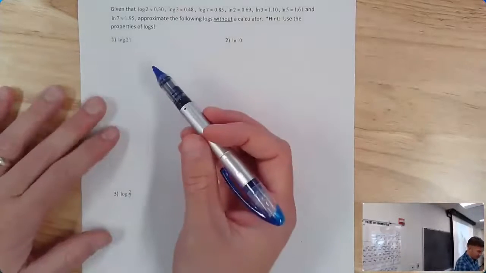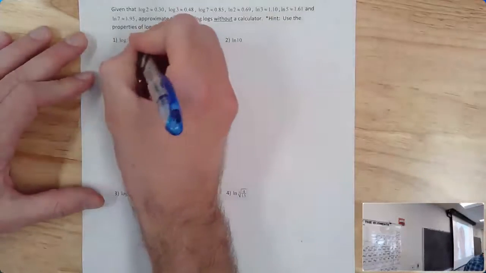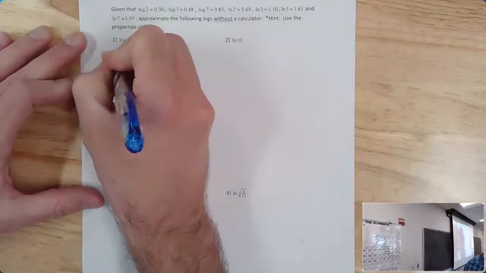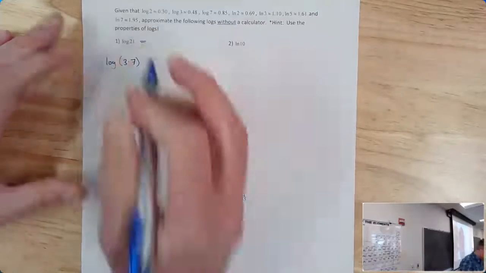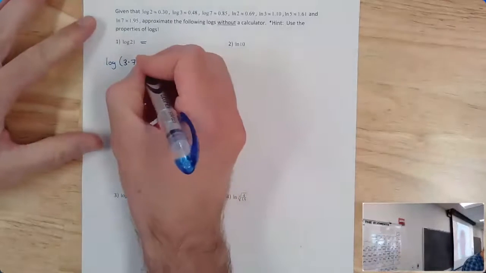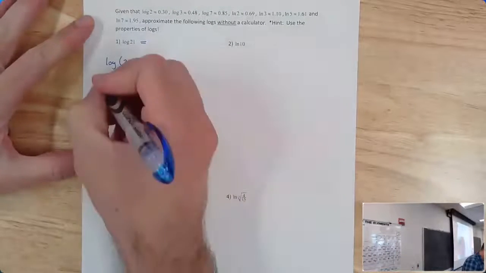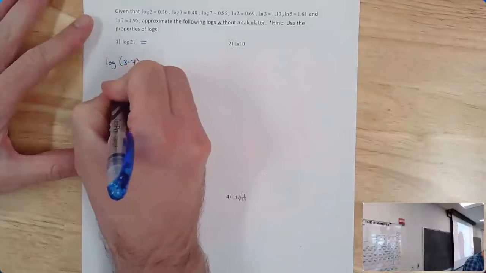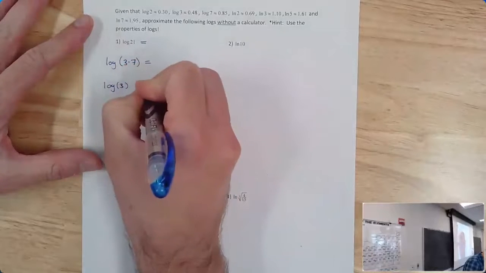So I'm going to rewrite log of 21 as log of 3 times 7. Essentially, you're going to be looking for how to factor something or write it as a quotient or as something to a power. And then we're going to use the log properties to say, oh, that's going to be log of 3 plus log of 7.